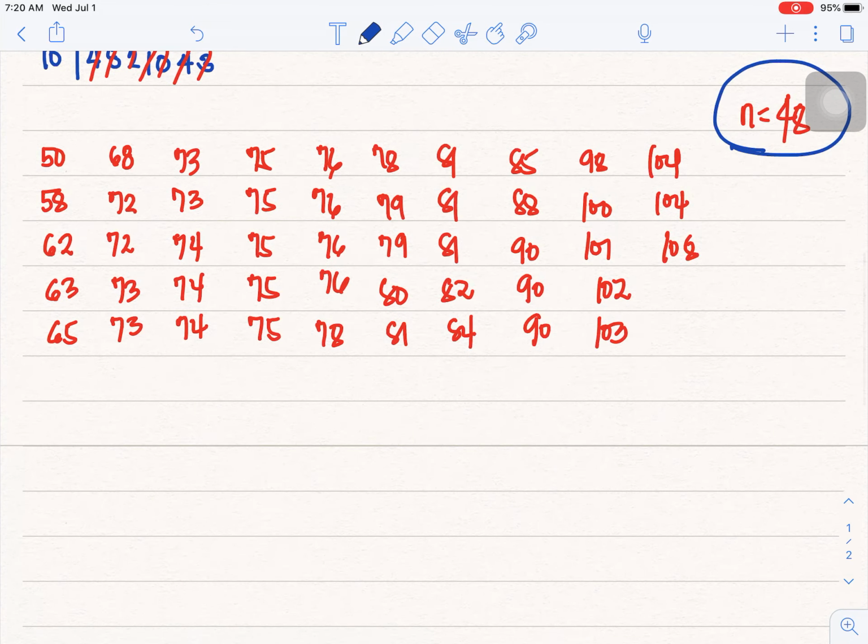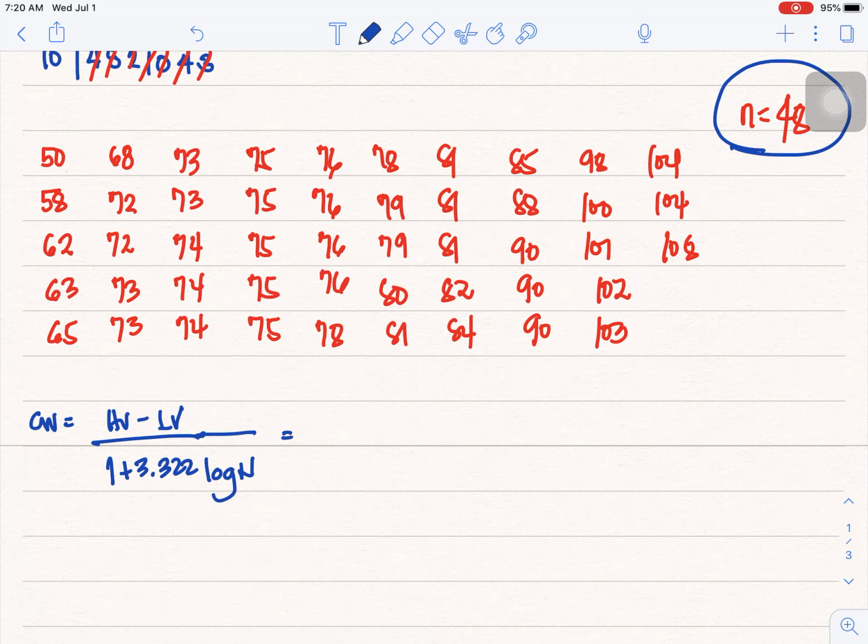I don't have any desired number of classes, so let us just use the formula. Class width is equal to the highest value minus the lowest value, divided by 1 plus 3.322 log of n.